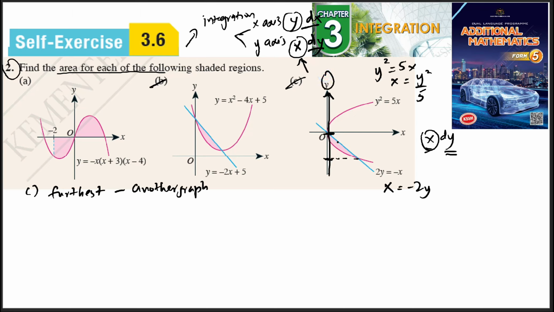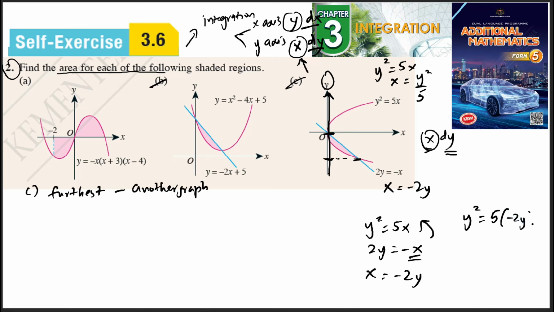And we need to know from where to where, so we need to know the intersection of this point. We have y square is equal to 5x, and 2y is equal to negative x. So we can substitute x inside here. X is equal to negative 2y, so y square is equal to 5 times negative 2y.